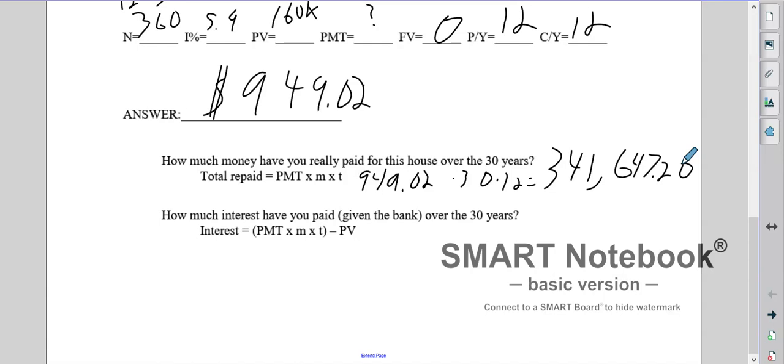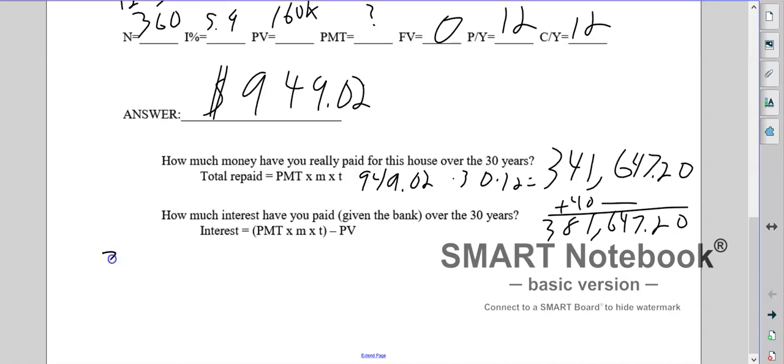But wait, there's more, because remember, you actually paid $40,000 down payment. So you're actually paying $381,647.20. Almost double. Double 200,000 would have been 400,000. You are paying back almost double.